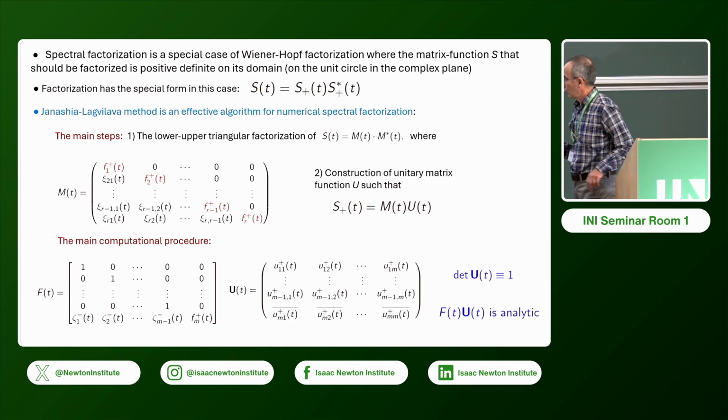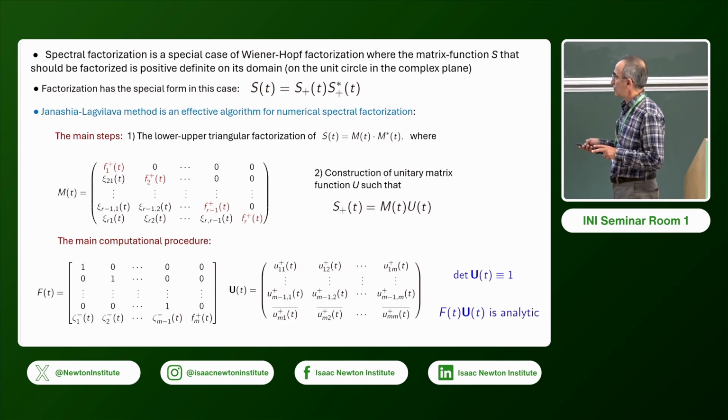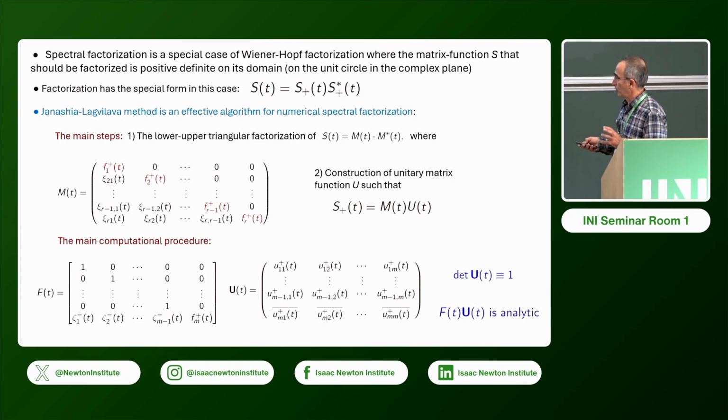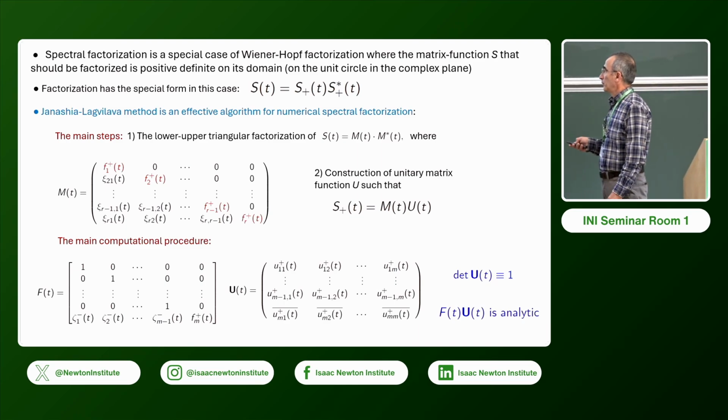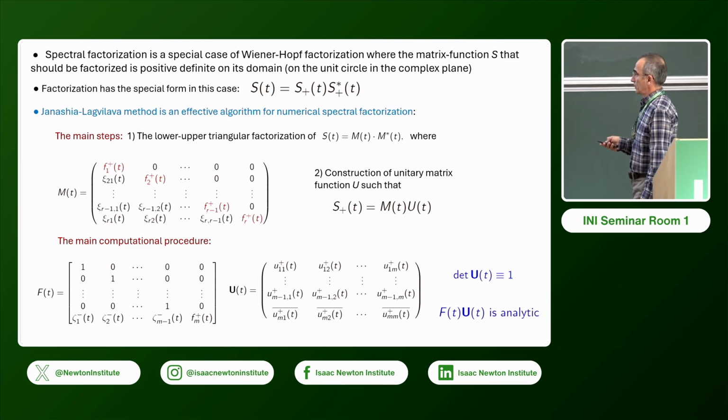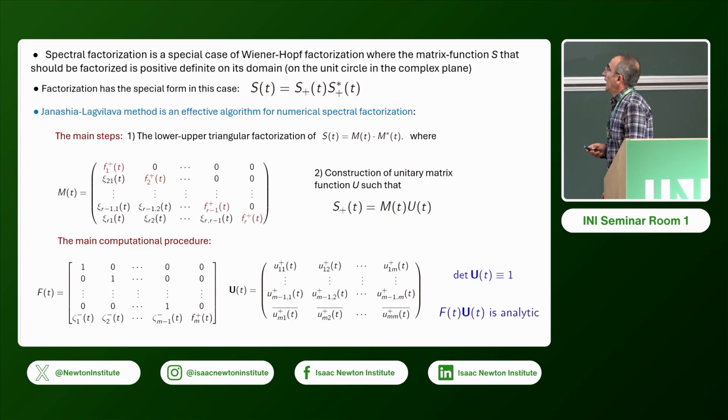Numerical computation and construction of this matrix is the basic computational procedure in this algorithm and plays an important role, and I will mention such matrices again several times during my talk.